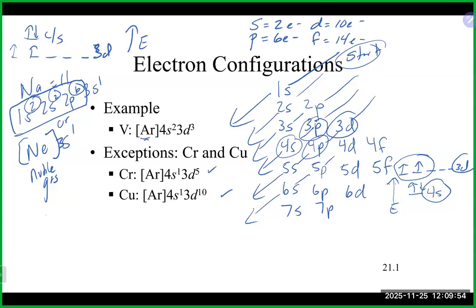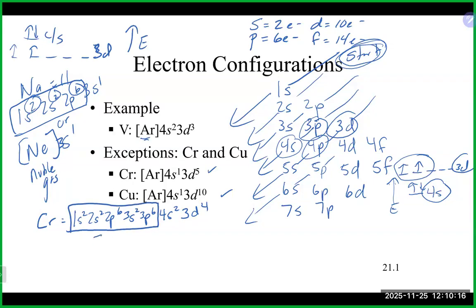If you wrote the electron configuration for chromium and followed this order, you would end up with 1s2, 2s2, 2p6, 3s2, 3p6, 4s2, 3d4. Obviously, through here, that's 18 electrons. That is where the argon comes from. 4s2, 3d4 in this case.